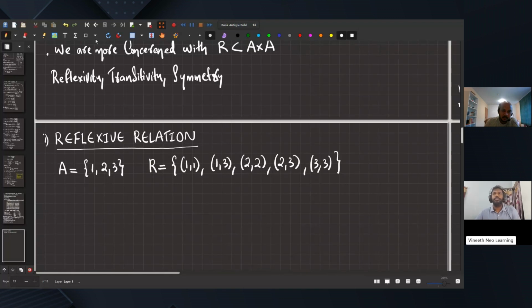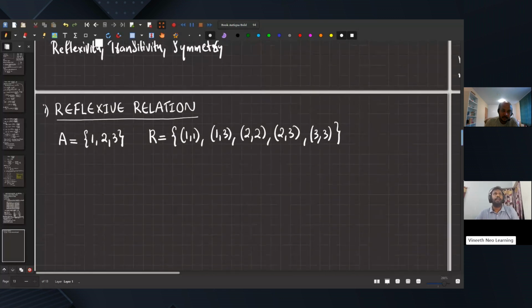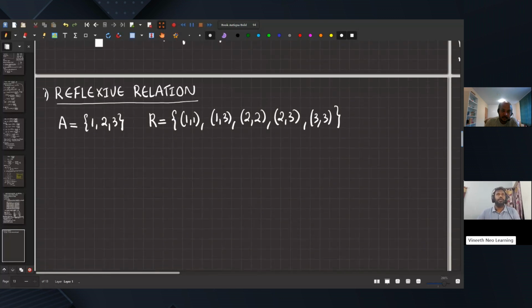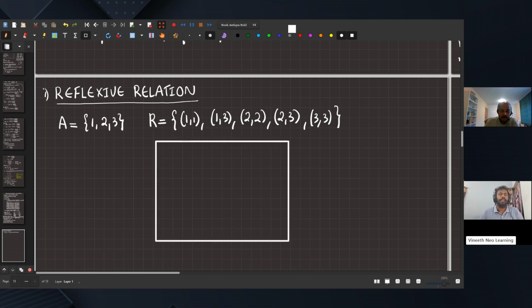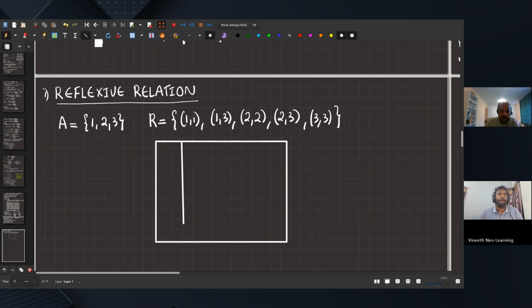Make the Cartesian product on your own. Make a box, a multiplication table, so that you can see the patterns that we are going to discuss.